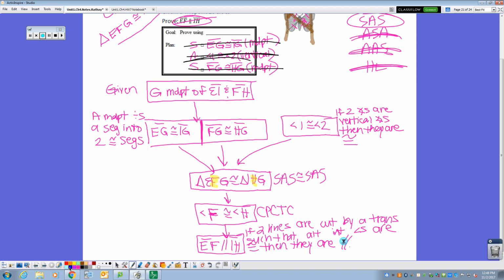Now I mentioned organization. Someone else, because they want their proof to look pretty and perfect, they might put here that G is the midpoint of EI. And that tells us that EG is congruent to IG. Great. Then they do their vertical angles.